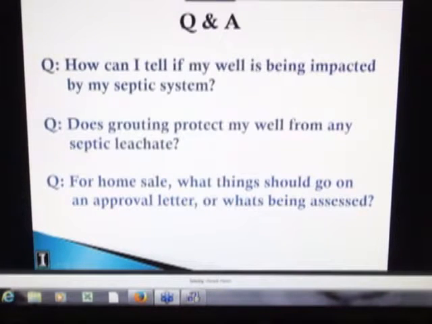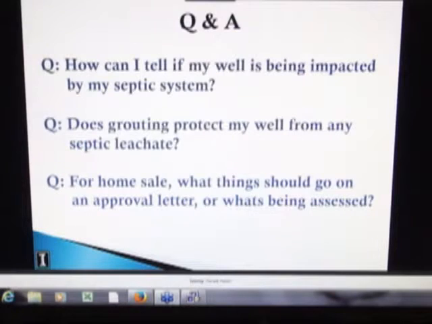And then what I do is take a ground probe and find the laterals and determine how many feet there are. And based on my knowledge of local soils, I can determine, hey, is that system sized right for the number of bedrooms in the house? How they actually size the system in Illinois is based on the number of bedrooms.